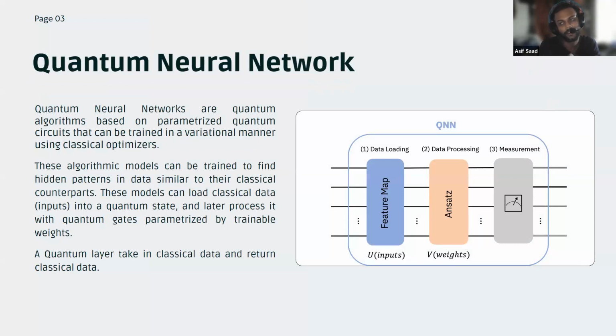Unlike the classical space, in the quantum neural network we have the ansatz, which consists of quantum circuits that do the operation equivalent to the classical neurons. The additional thing that does not exist in the classical convolutional neural network is the measurement part. It measures the qubits and transforms them back into classical, human-readable data.